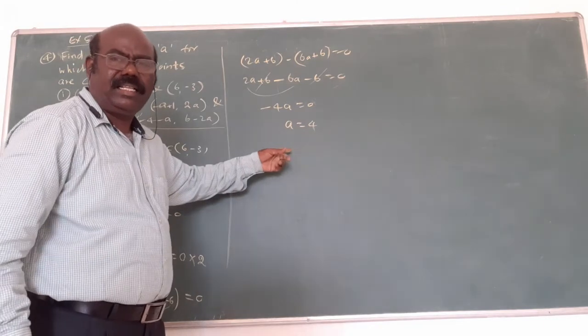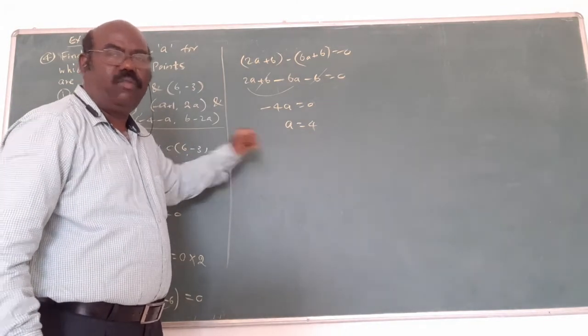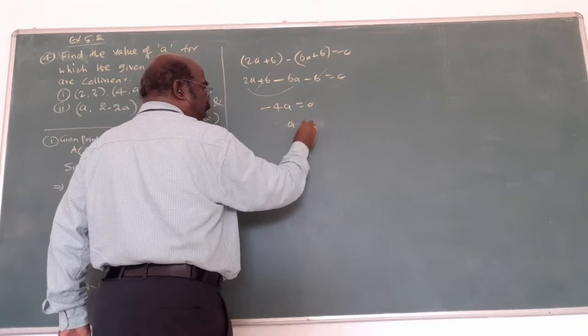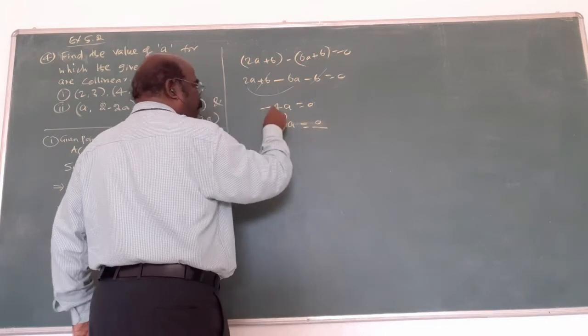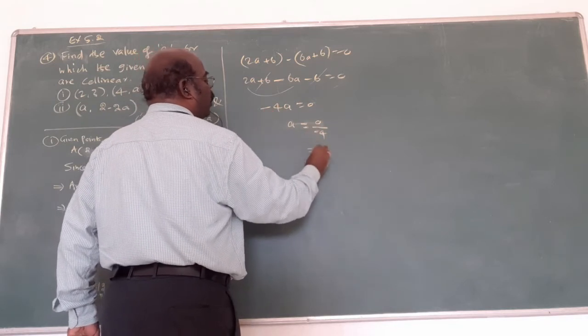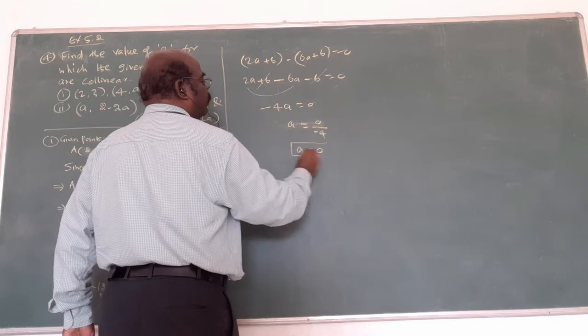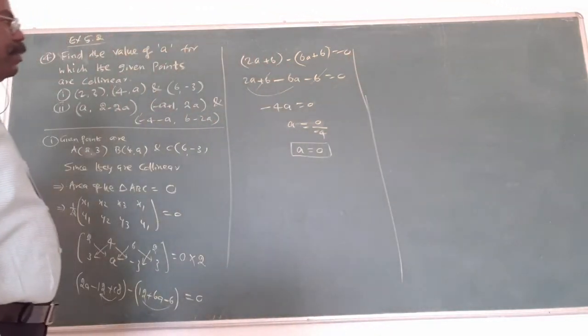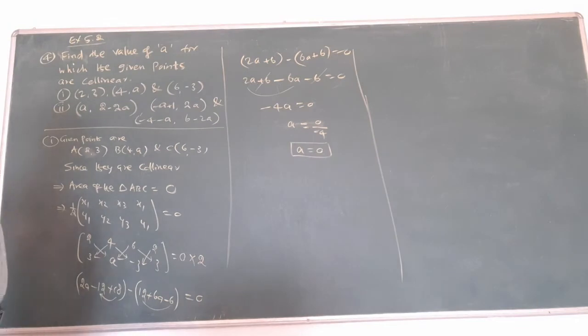Is this correct or not? Wrong. This is multiplication. A equal to 0 by minus 4, so 0 by anything equals 0. This is the idea, an important concept: 0 by anything is 0.